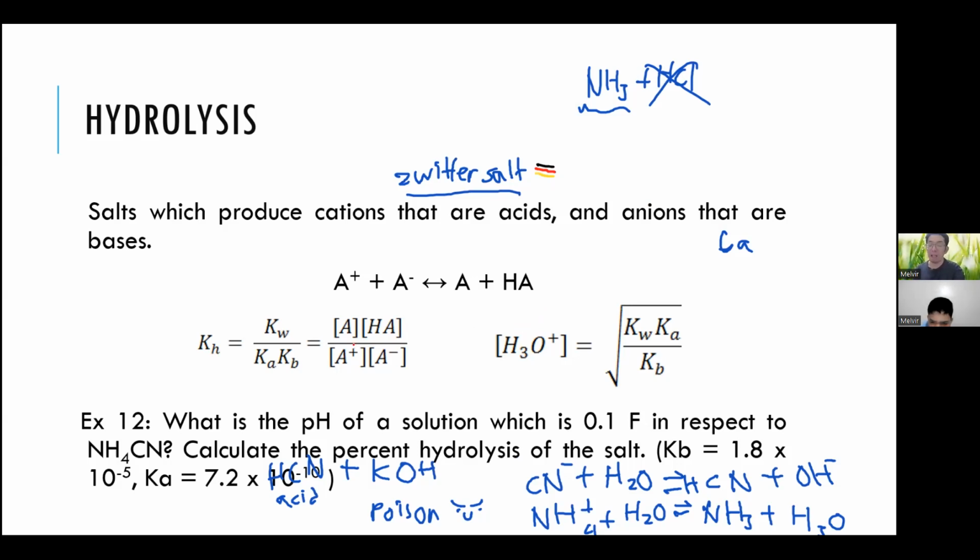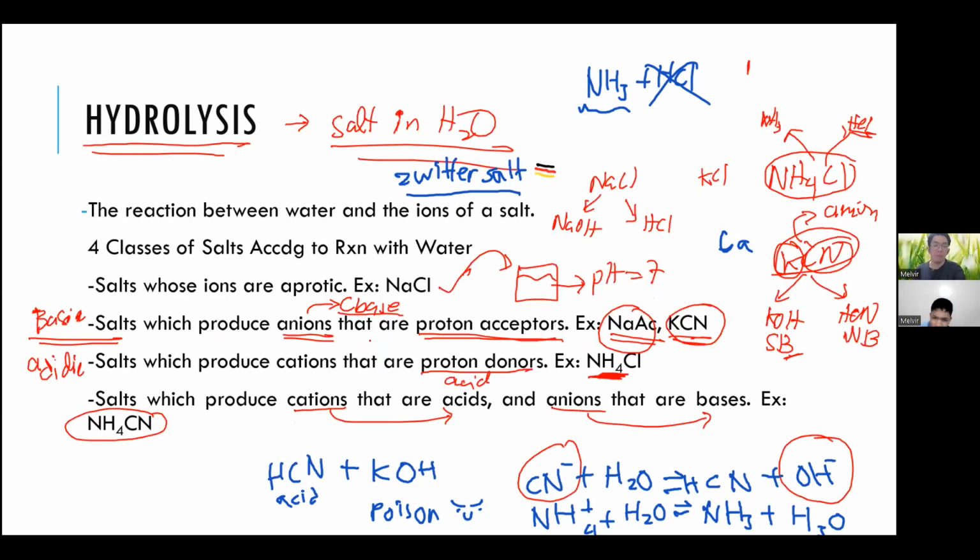Mas simple nga yung calculation nito actually. Let's say ammonium cyanide is an example. Kapag dinisolve mo 'to sa tubig, it will form ammonium ion, which will undergo hydrolysis like this, and then cyanide ion, which will undergo hydrolysis like this. So therefore, dual yung ano niya.